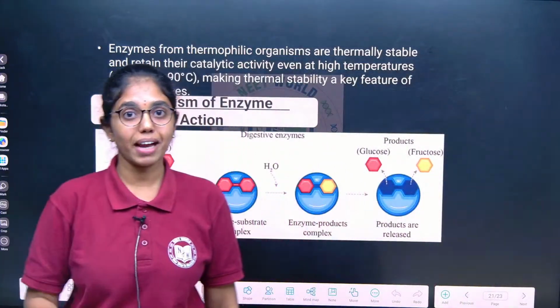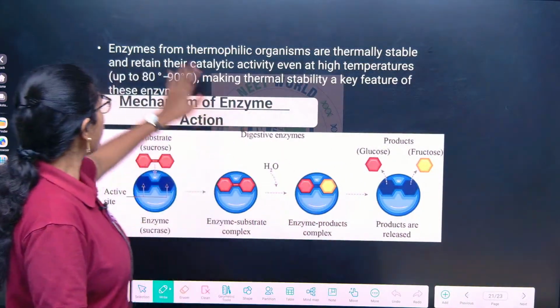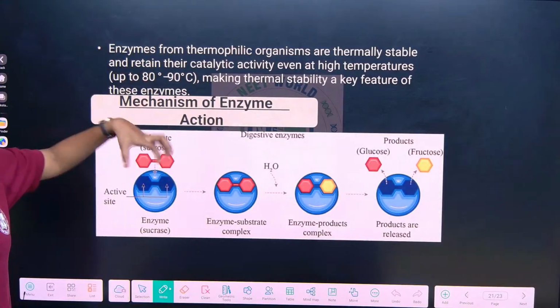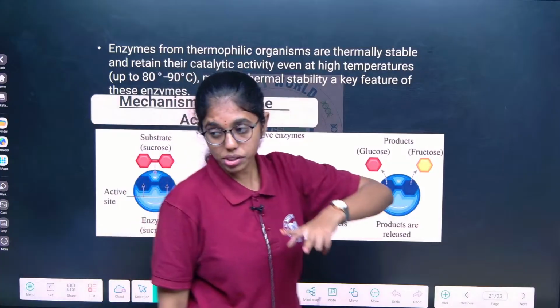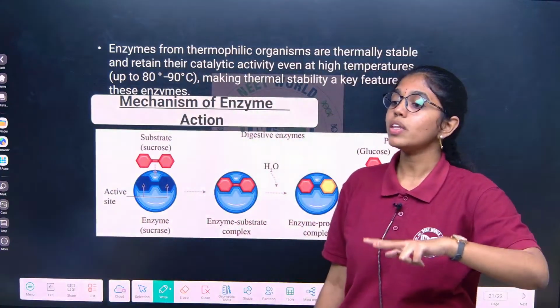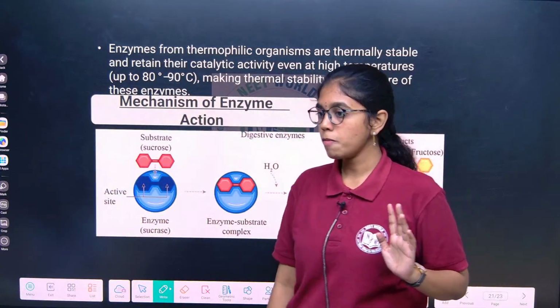What is the enzyme action actually inside a cell? Before that, as we have just learned the differences between organic catalyst and inorganic catalyst, the major difference stands with temperature optimum. Yes or no?